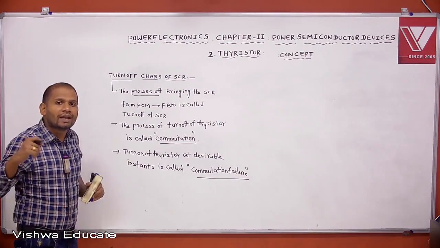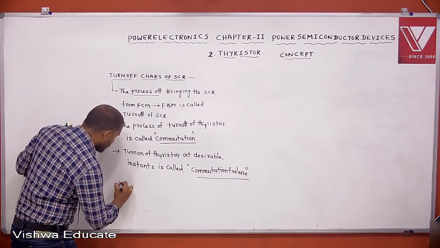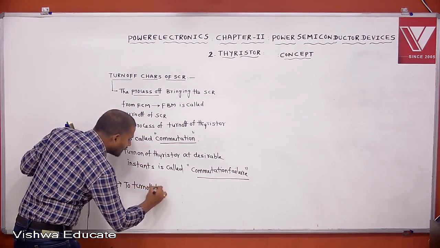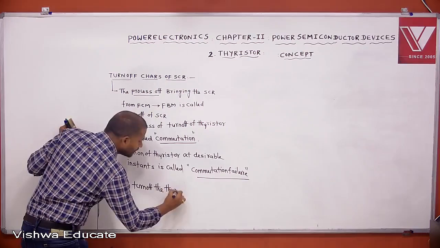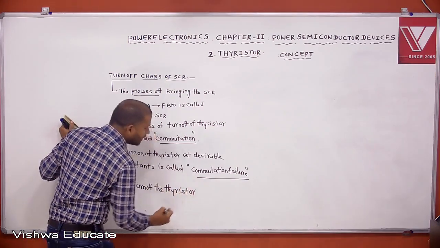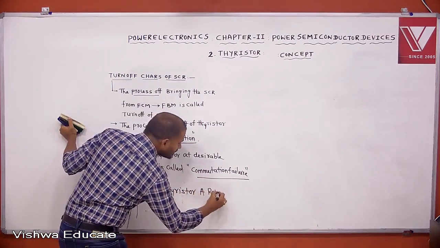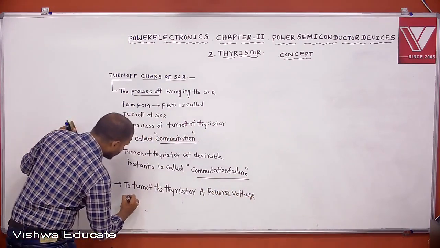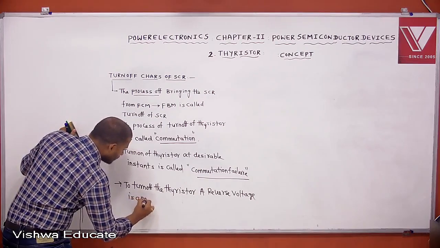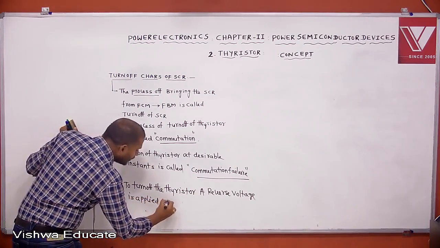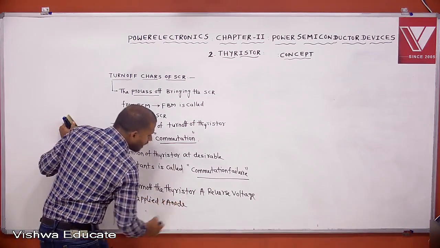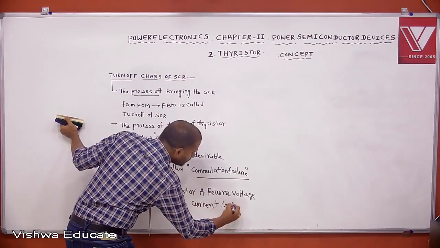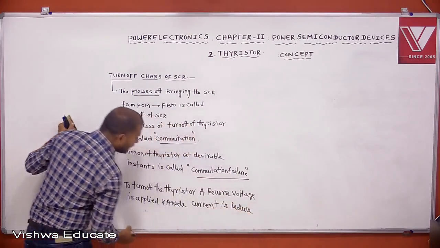That means to turn off the thyristor, a reverse voltage is applied and the anode current is reduced below the holding current.